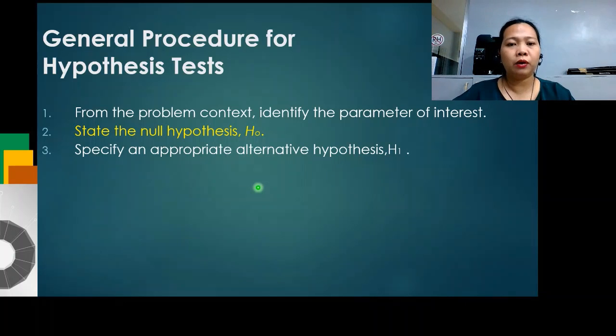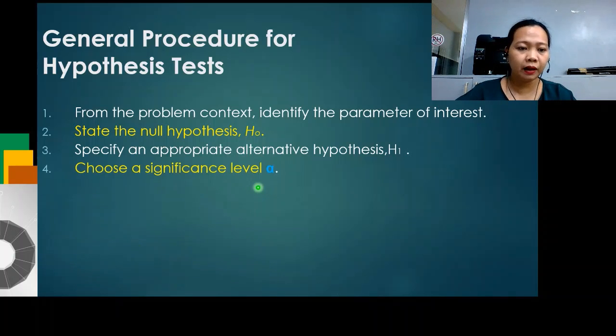So our alternative hypothesis in our previous example is H sub 1: mu is less than 50 or greater than 50. Fourth, choose a significance value of alpha. So our alpha is 0.05, or our level of significance is 0.05.